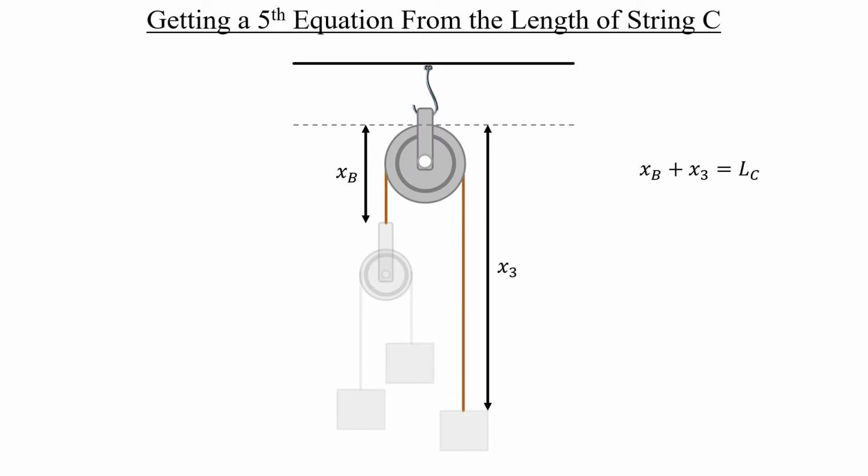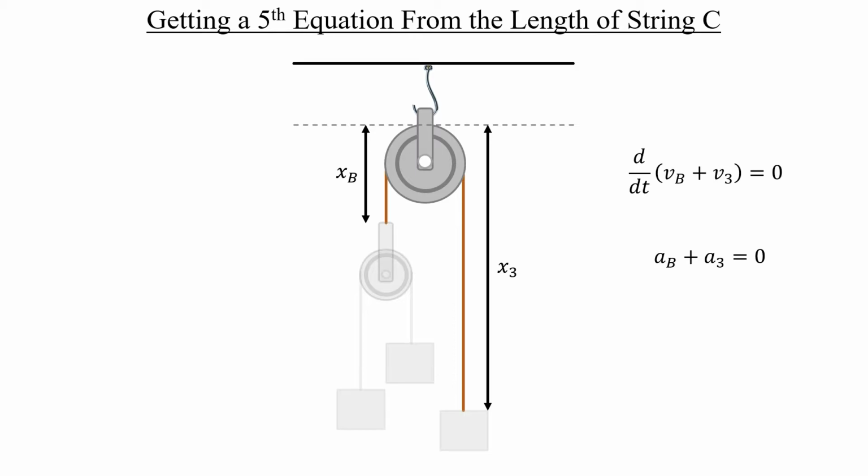I'll take a derivative of both sides with respect to time, which gives me this velocity relation. The right-hand side becomes 0 because the length of the string doesn't change once the masses begin to move. If we do this derivative again, we end up with an identical acceleration expression.